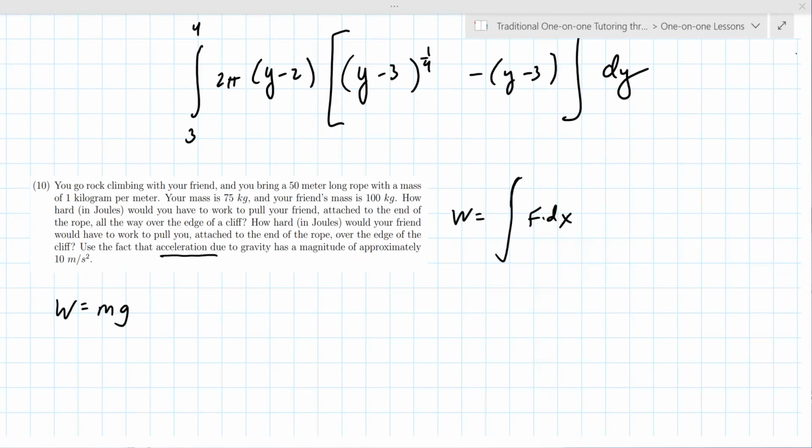Do they give us the... okay, they do, they give us 1 kilogram per meter. Yeah, so sometimes they give you the mass of the rope and the length, but they take that into account there.